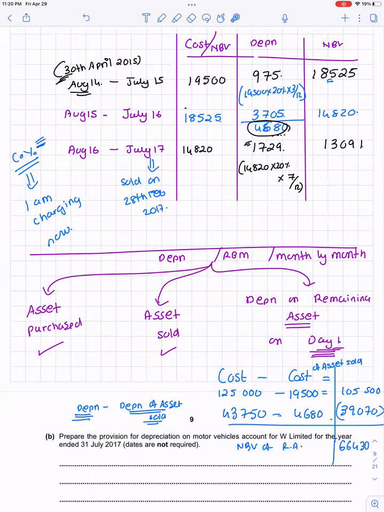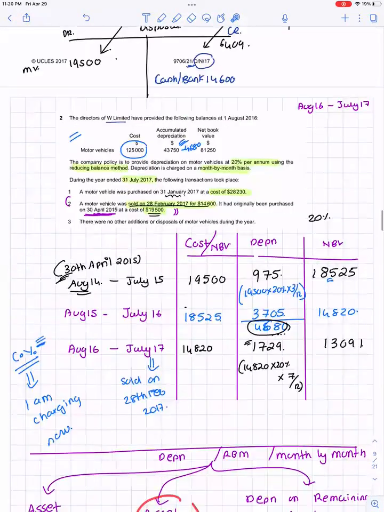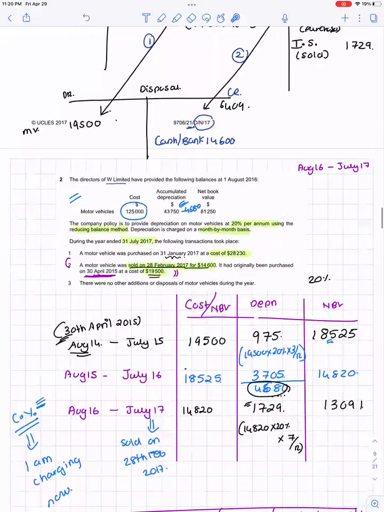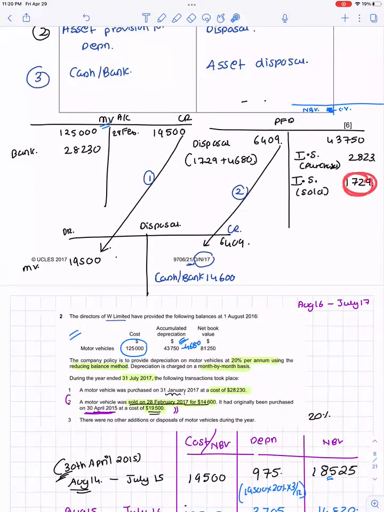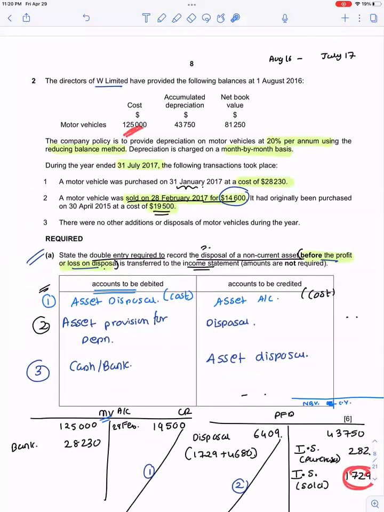I calculated it separately. Now I want the remaining assets, so from this I will remove the cost of the assets sold. So I will get my remaining assets which are going to be with me throughout.